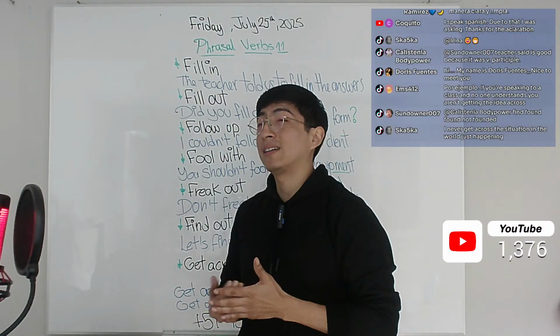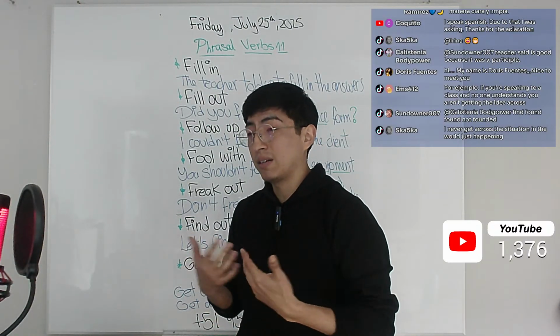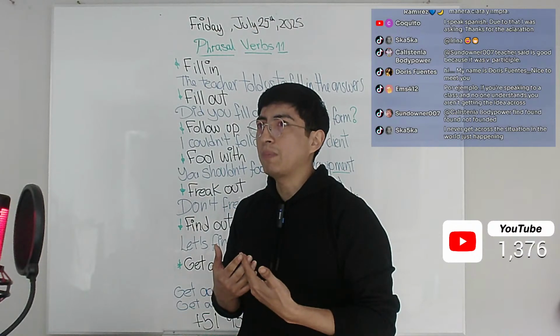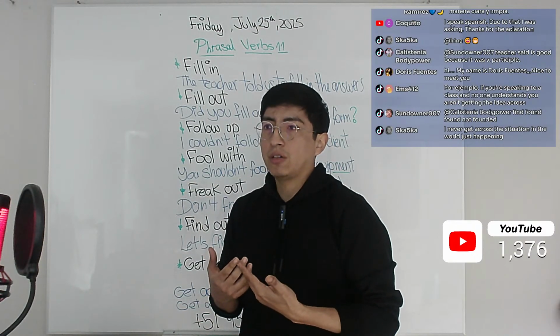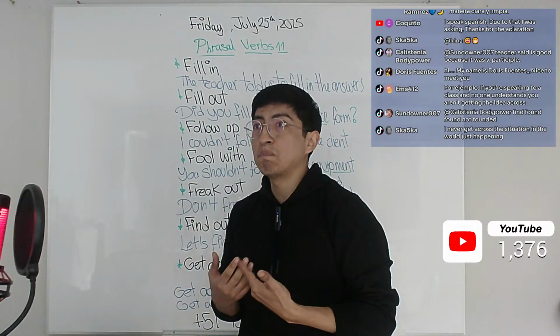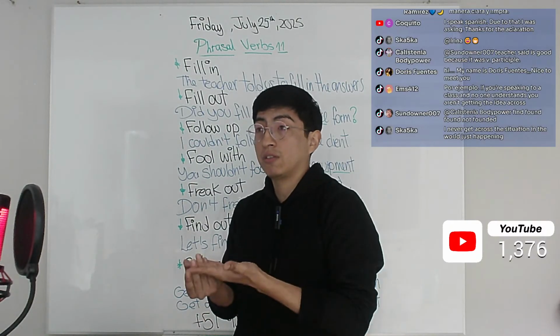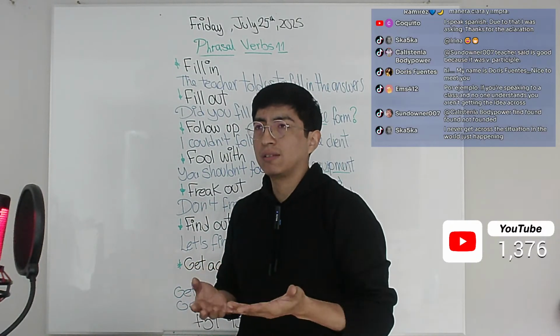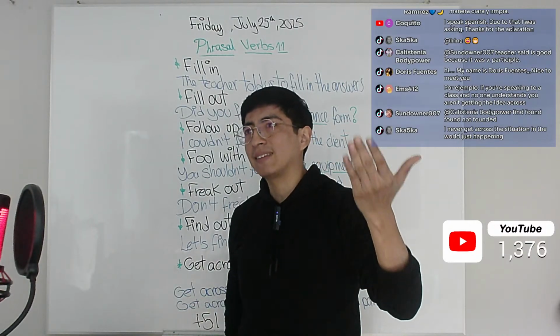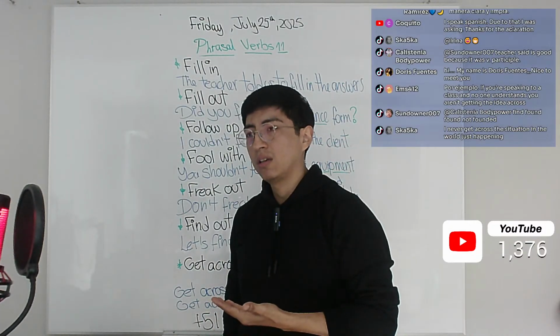Some people don't express themselves very well, and maybe people get angry because they didn't understand or they misunderstood what the person was saying. So you can say, "Oh, this guy can't get across his message.